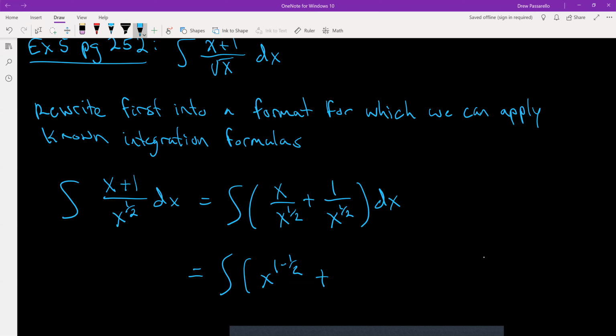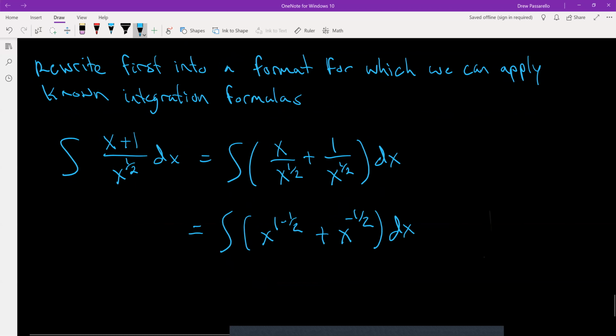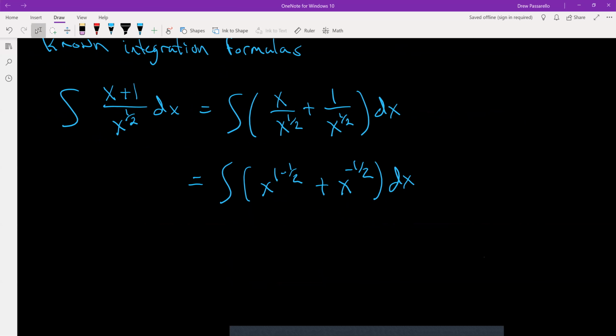If I'm going to write that into a format which I can apply the rules to, I could write that as x to the negative 1/2. All right, so 1 minus 1/2, that's x to the 1/2, and then plus x to the negative 1/2, and then dx.